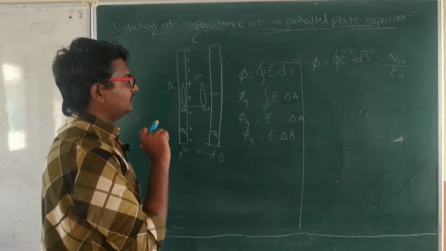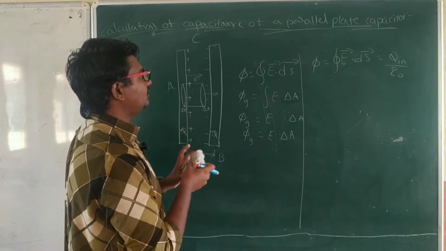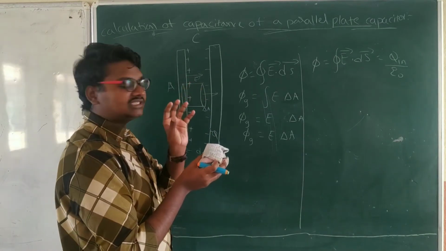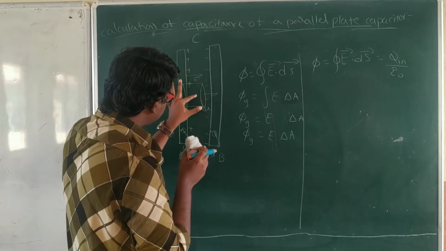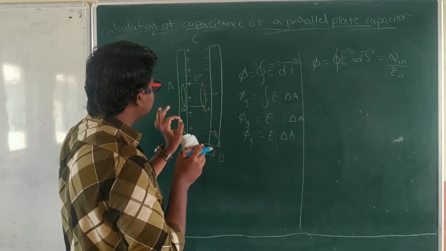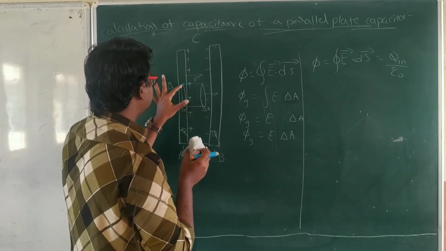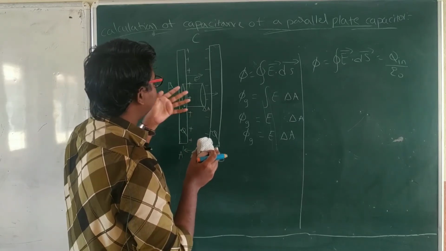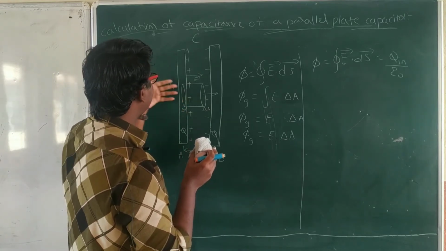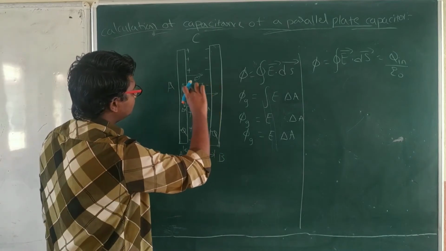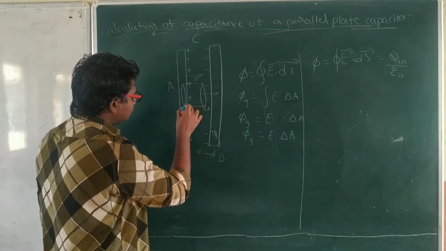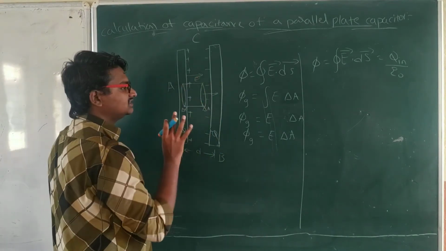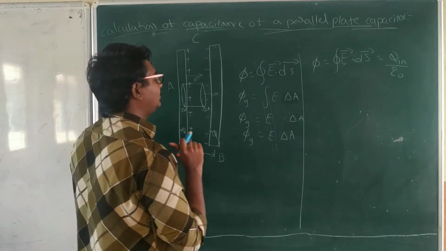To find the value of q in, meaning the charge enclosed in the Gaussian surface, how much amount of charge is going to be enclosed in that? For example, if you project this one here, in this particular area, how much amount of charge is there? That one we need now.